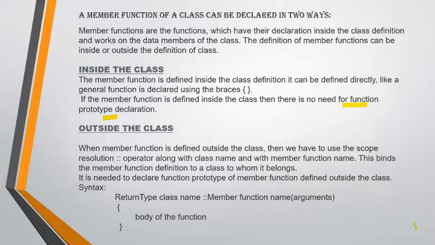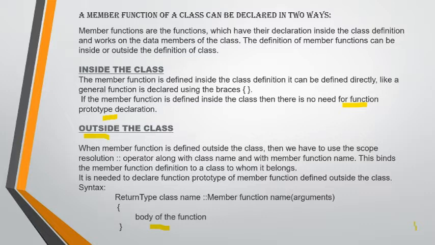But for outside the class there is a different syntax which we have to use. As the word says, outside the class, the function definition is outside the class, so we need a function prototype to be declared inside the class.